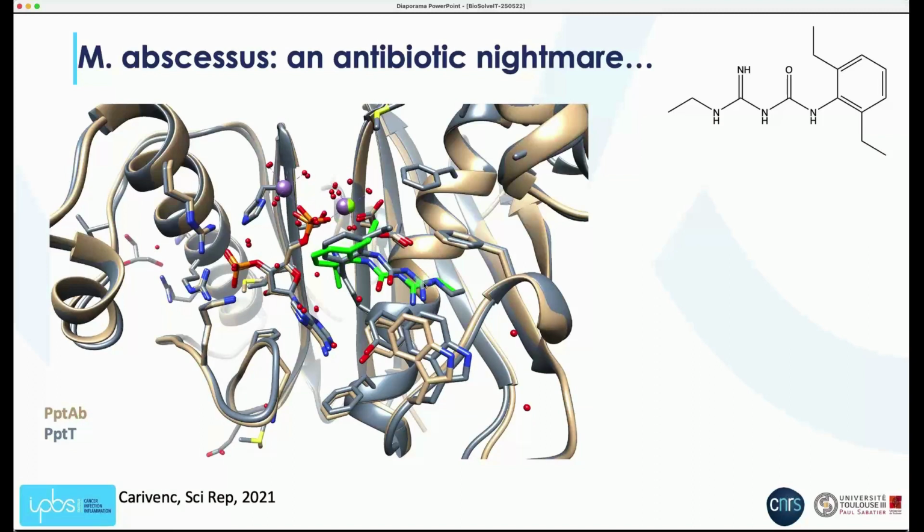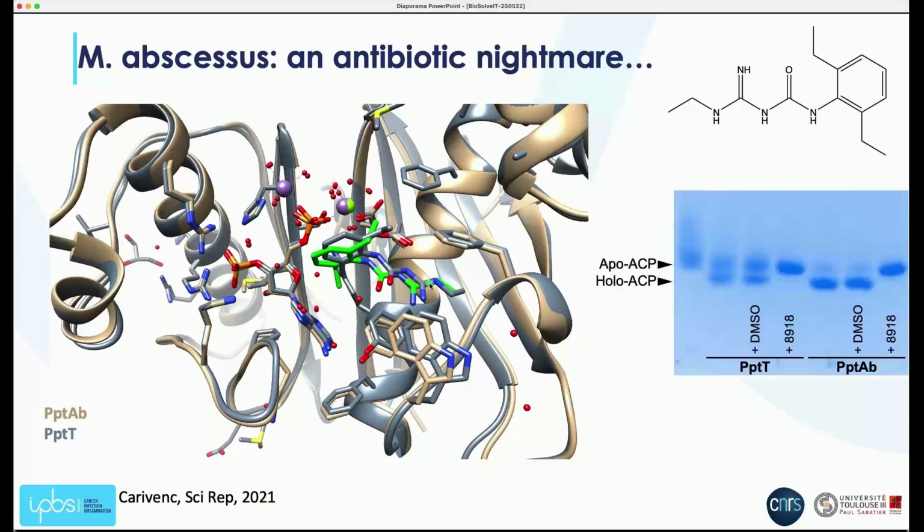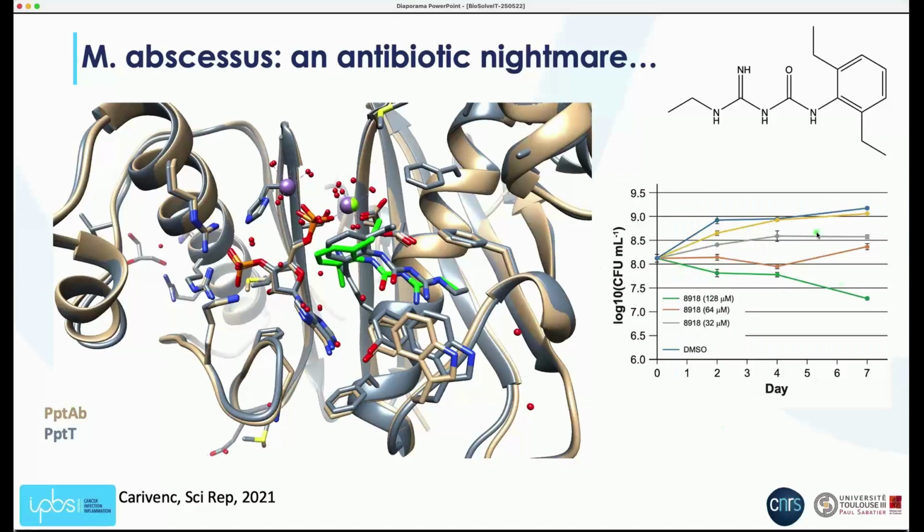You can see that the binding is highly similar in both cases. And as expected, this translates into the inhibition of the enzyme in an in vitro assay. But what is bad is that it does not translate into an inhibition of bacterial growth. You can see that even with high concentration of the compound, the growth of the bacteria is barely affected.